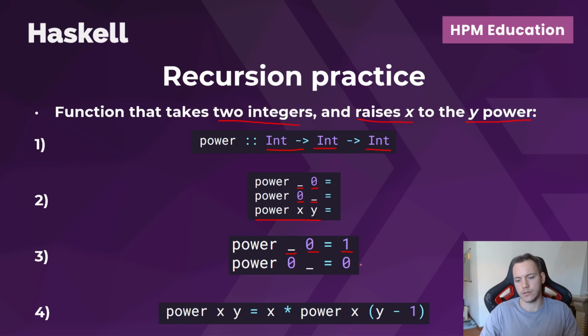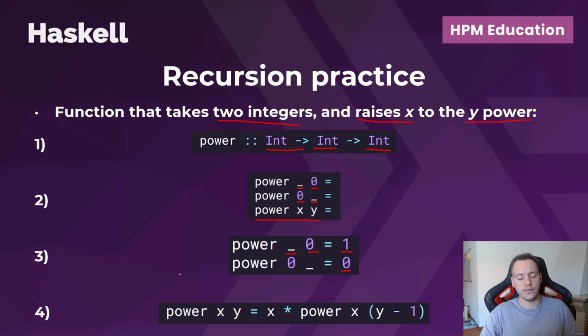I'm not actually sure, in mathematics maybe there is some debate, what is 0 to the power of 0? In any case, for this example, we will say 0 to the power of anything is 0, and anything to the power of 0 is 1.